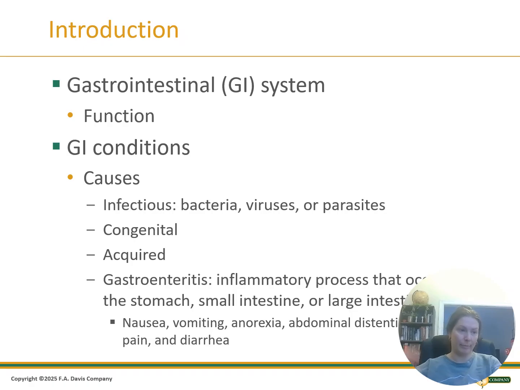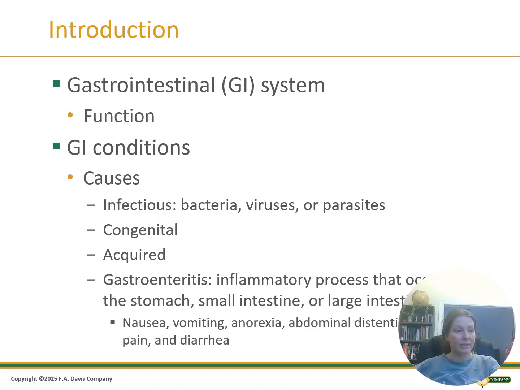So one of our most frequently seen pediatric GI conditions is gastroenteritis. What we learned is that this is an inflammatory process affecting the stomach, the small intestine, and large intestine, and is most often caused by viruses.